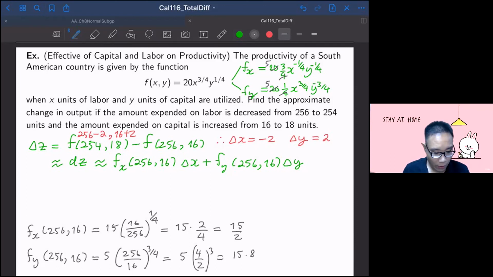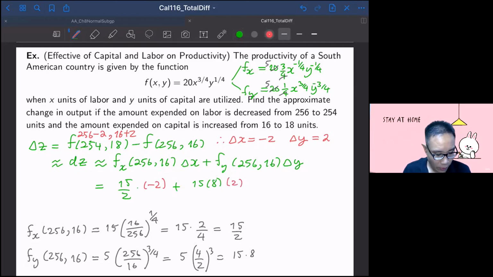Okay, so in this case you have fx and fy, so you have 15 over 2 and 5 times 8. So you're going to have 15 over 2 times delta x, which is -2, plus 5 times 8 times delta y, which is 2.